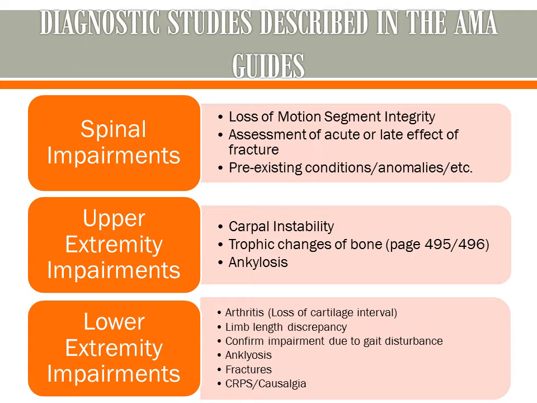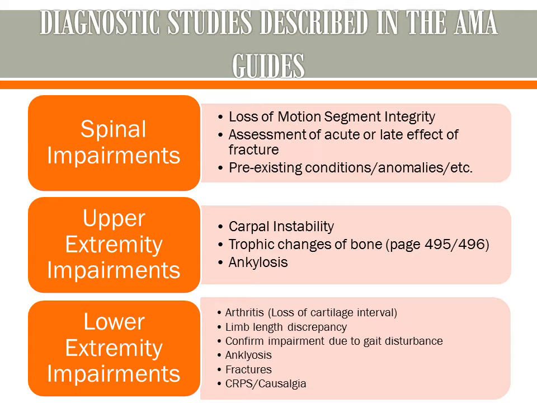We also use X-ray for an evaluation of limb length discrepancy. We use X-rays to confirm impairments due to gait disturbance. And this is an interesting point because some of the gait disturbance impairments described in Chapter 17 require an objective finding that can only be found on the X-ray.